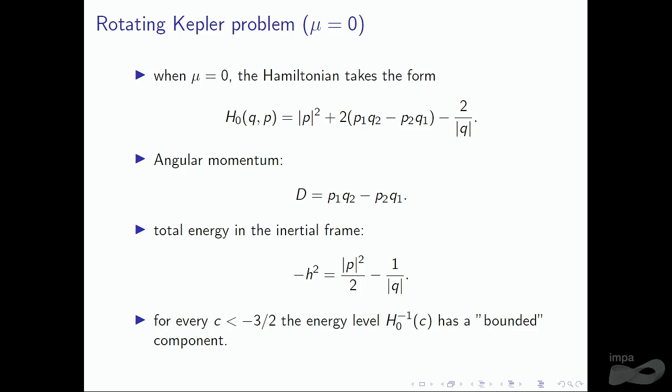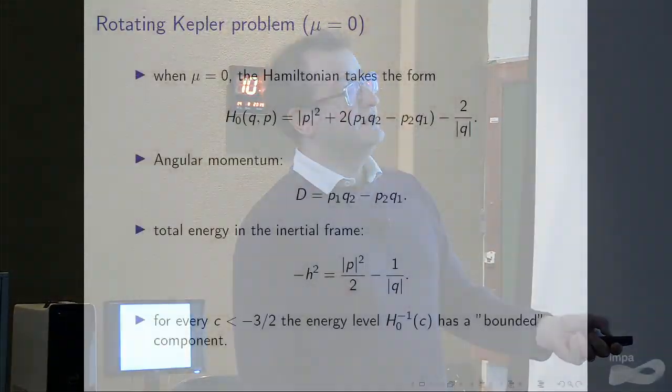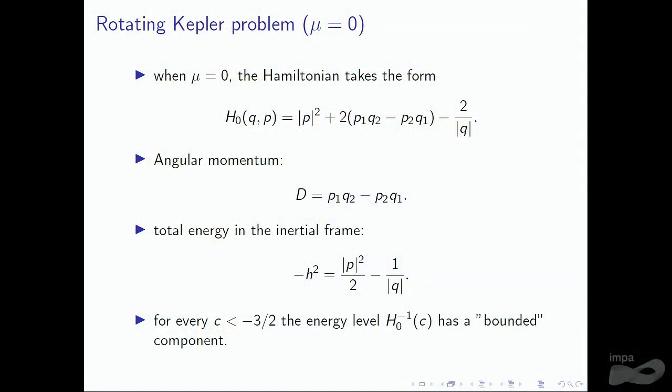And okay, but there is a problem here when we study this Hamiltonian here. The problem is typical for this type of system. There are orbits which collide with the primary in finite time, so trajectories cannot be continued. In fact, this component of the energy level is unbounded. The projection is bounded, but the energy level itself is unbounded.